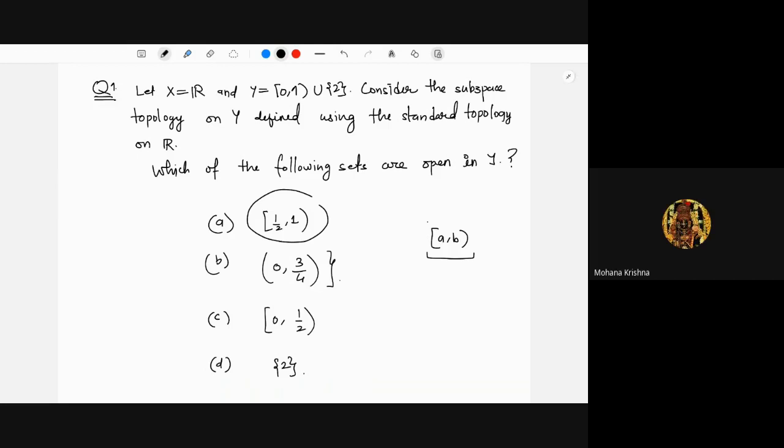No, that will be right because it's already open in the standard topology. Yes, that will be open in the standard, but this will also be included in the lower limit topology. Similarly, you can also think of it in the K topology. You just need to look at the intersection: how will the intersection look with respect to this subspace Y?